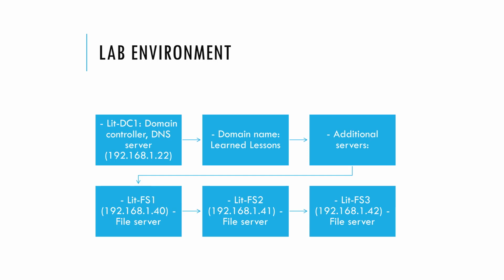Its IP address is 192.168.1.22. And the domain name we are using is Learned Lessons. I'll be creating 3 more servers, namely litfs1, a file server with IP address .40, file server 2, that'll be litfs2 with IP address .41, and fs3 with IP address .42.